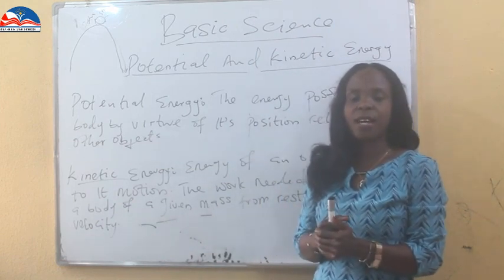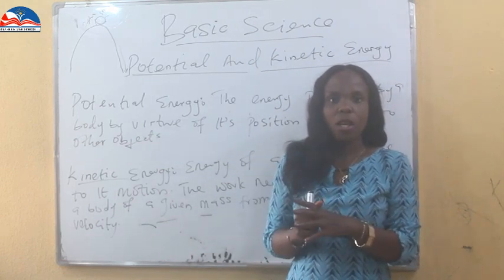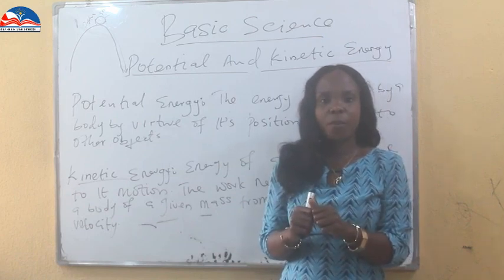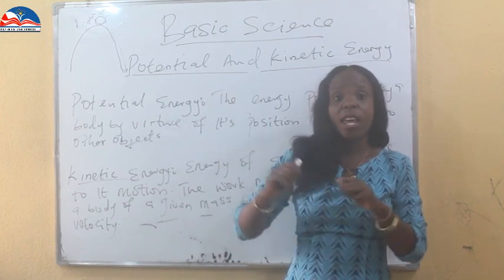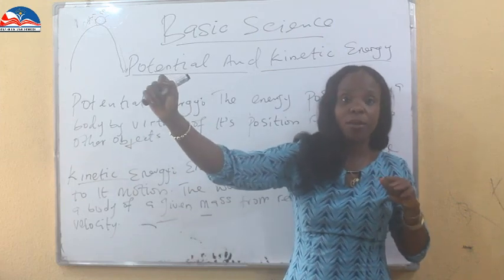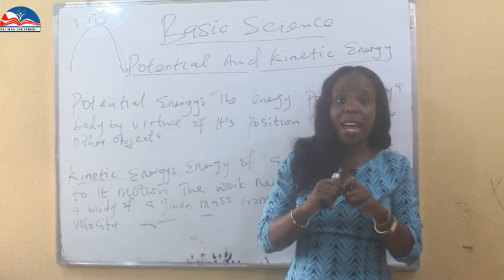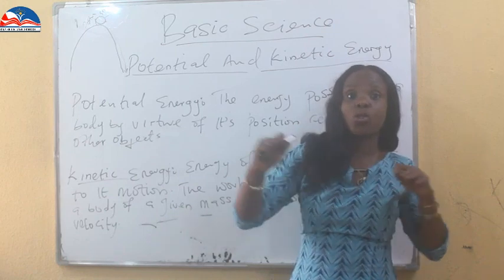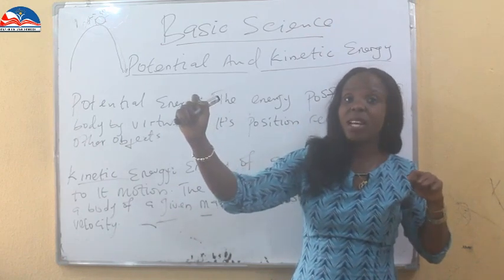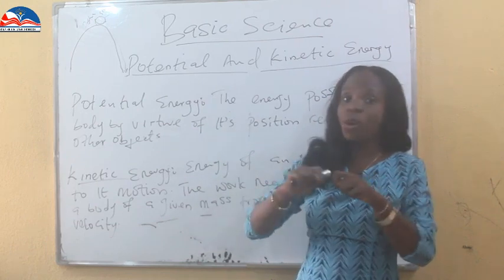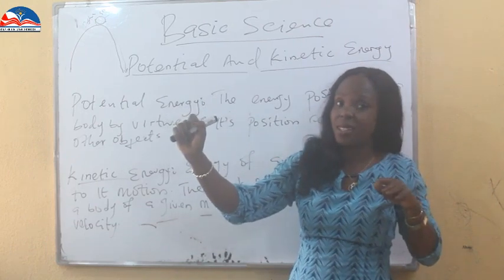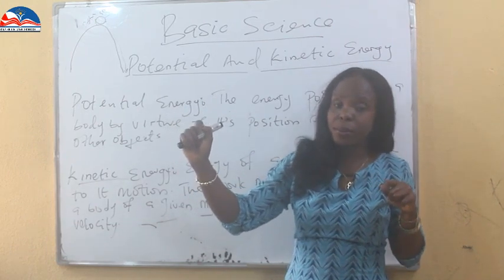Now let's take, for example, a catapult. The elasticity of a catapult gives it the potential energy it possesses. If it stretches like a rubber band, the muscular energy put into it to stretch it is the potential energy that the body possesses because of the position of the elasticity of the band.